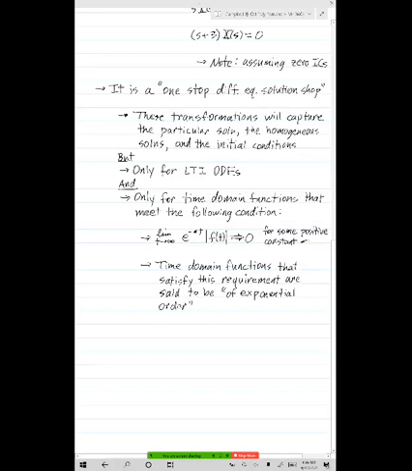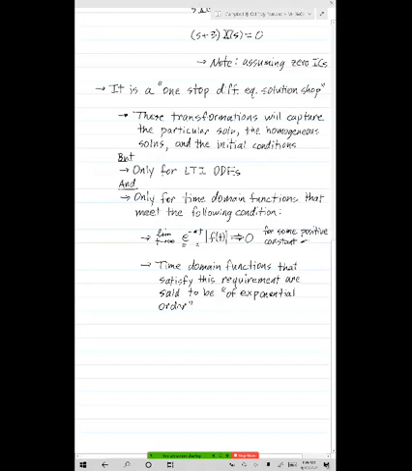And so essentially what it's saying is that if I take this time domain function and I multiply it by this particular function e to the negative sigma t, and I can choose some positive constant sigma, that when time goes to infinity, that e to the negative sigma t overrules f of t and will drive f of t, regardless of what it is, to zero, because of course as time goes to infinity, this exponential function tends to go to zero.